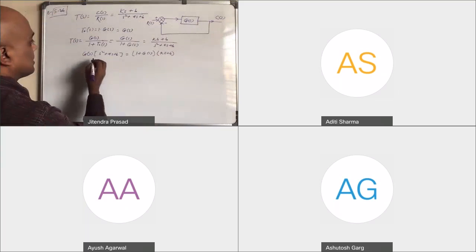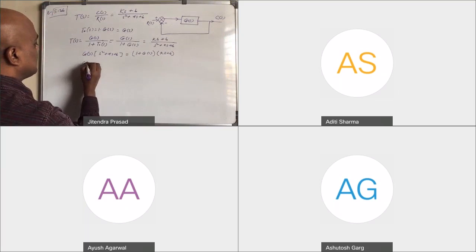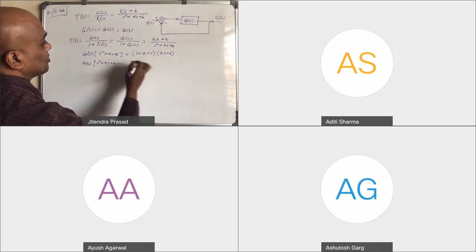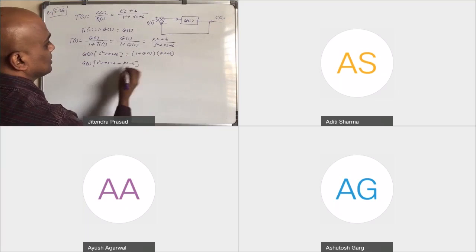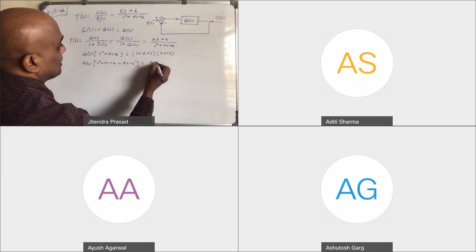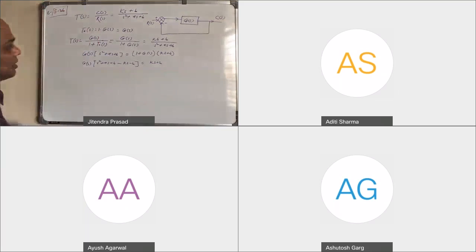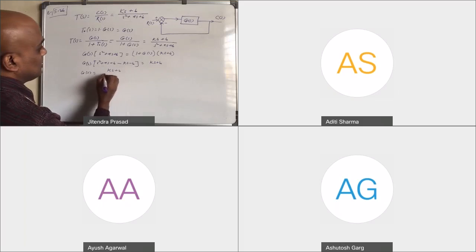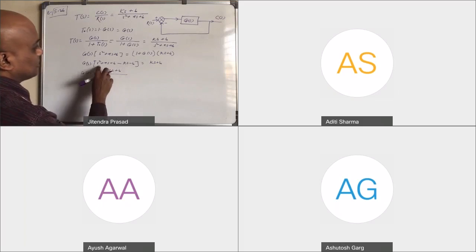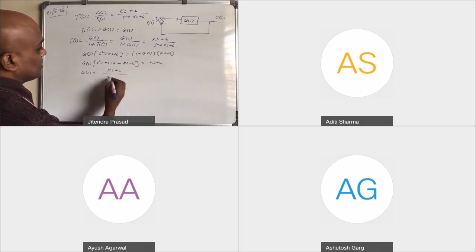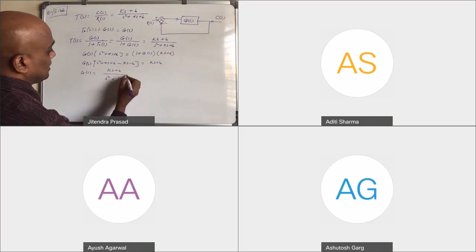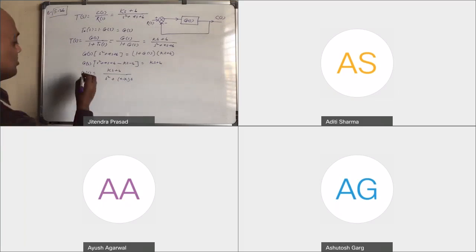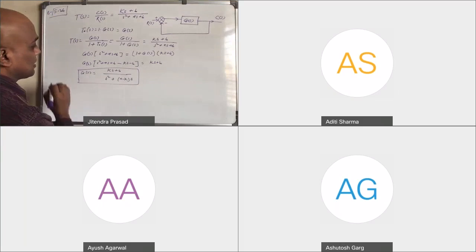You can bring it this way: G(s)(s squared plus as plus b) minus G(s)(as plus b) equals as plus b. Hence you get G(s) equal to (as plus b) divided by s squared, since the b's cancel out, and you have plus (a minus a)s, leaving s squared. So this is what G(s) is. You have to get that.